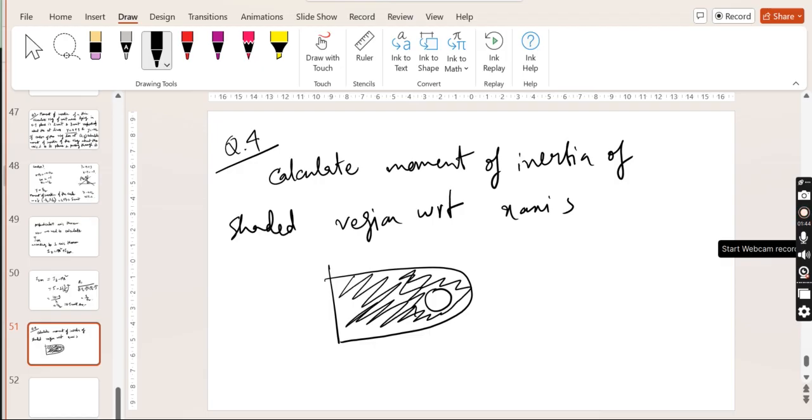Okay. So we assume this is the y-axis, this is the x-axis.